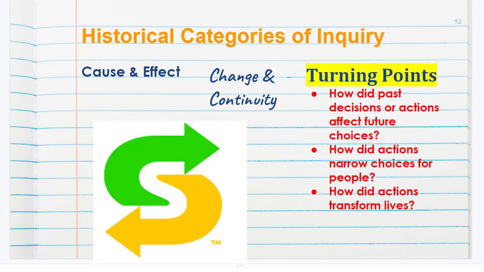All right, and the next category would be turning points in history. In some cases, we wonder if the change was so dramatic that the topic was a historical turning point.